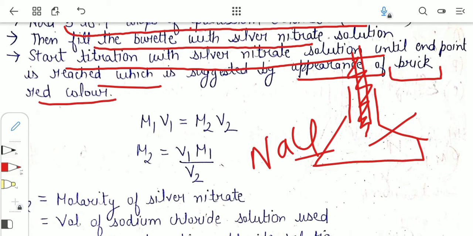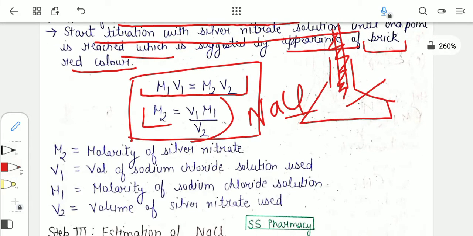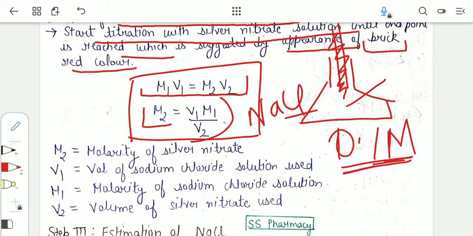Finally we will use this formula, which is M1 V1 equals M2 V2, and M2 equals V1 M1 upon V2. Here we are calculating the actual strength of our silver nitrate. In step 1 we have prepared 0.1 molar solution of silver nitrate, and in this standardization we see the actual strength of our solution.